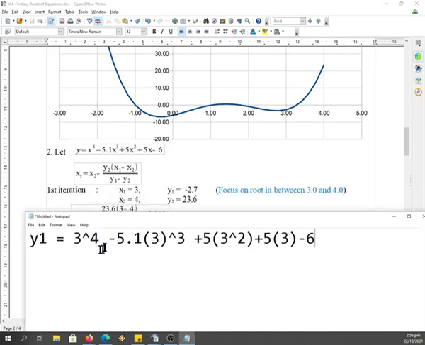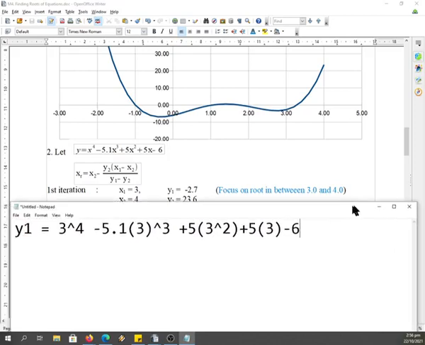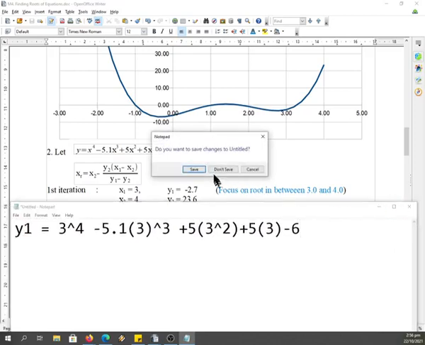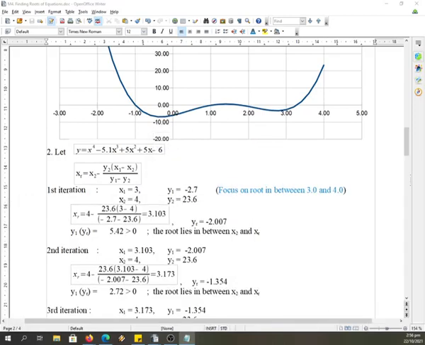Next, this is again 3 to the 4th, then minus 5.1 times 3 cubed plus 3 squared times 5 plus 5 times 3 minus 6. This would be equal to negative 2.7. The same method can be used in determining y2.